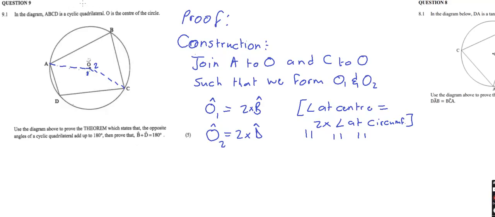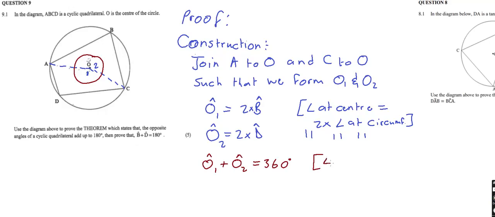Now, if I add these two angles, I will form a revolution. So O1 plus O2 should be equal to 360.